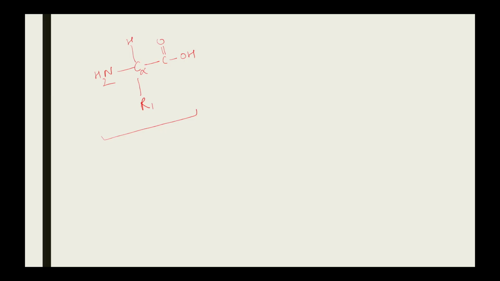The next amino acid has its own alpha carbon. So these are the two amino acids which are involved in the peptide bond formation.